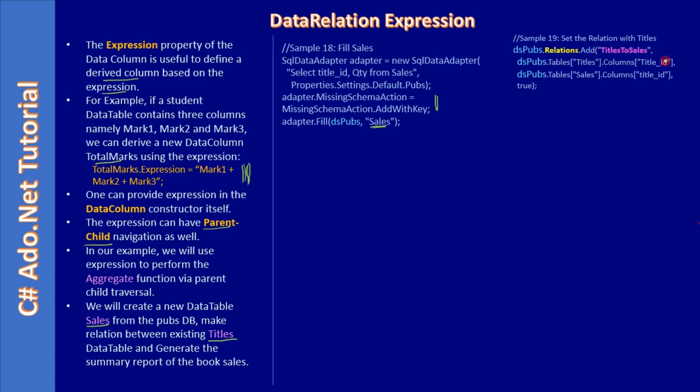Alright, here the parent is title ID of the titles table, right? Then the child is title ID from the sales table. That means here, if you see, for a given title, you can navigate how many sales, the quantity of sales you can get, right? Using this parent-child relation.